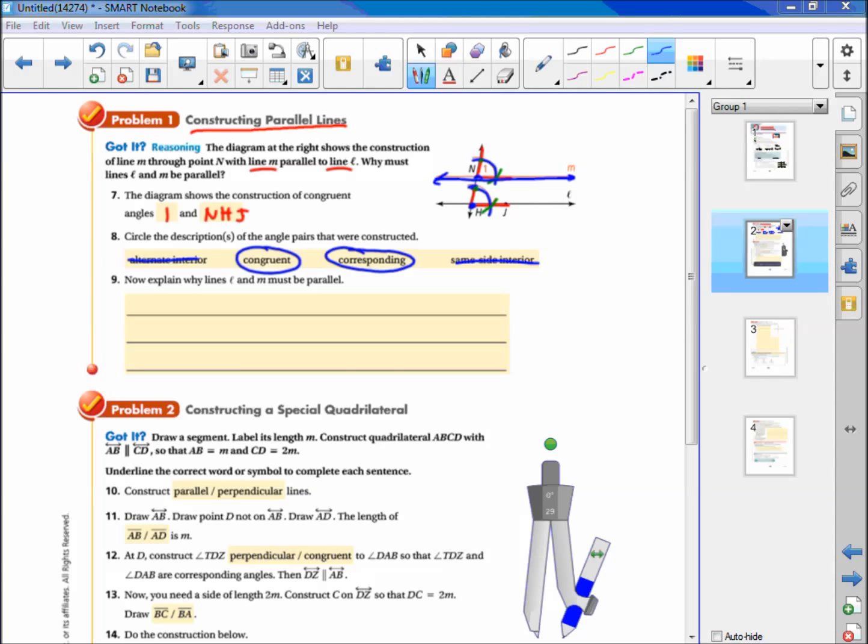So explain why lines L and M must be parallel. Okay, well, they're parallel because we constructed a transversal. And then we constructed corresponding angles that were congruent.